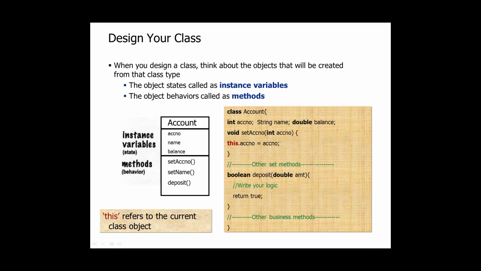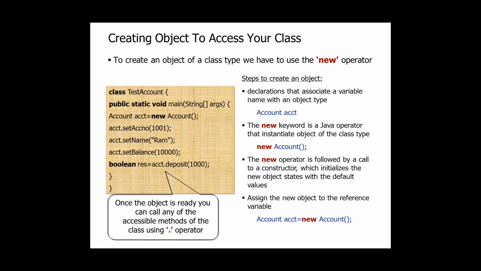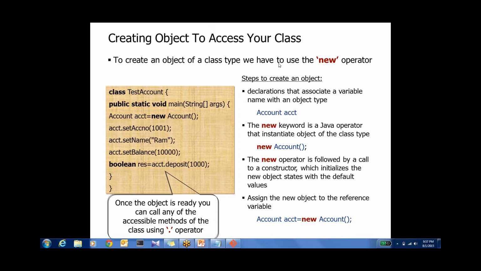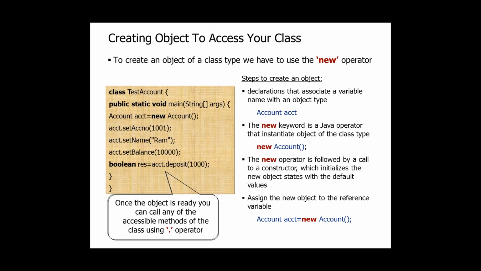So this is my class Account. I have account number, string name, double balance, and setAccountNumber, and deposit, and so on and so forth. Now how do I instantiate the object? To instantiate an object, as we have seen, we have to use the keyword new.